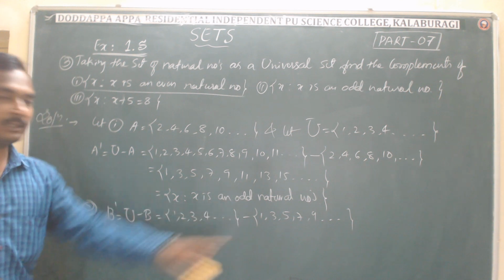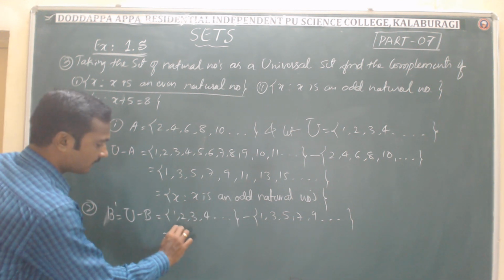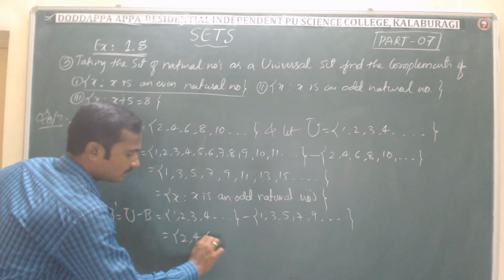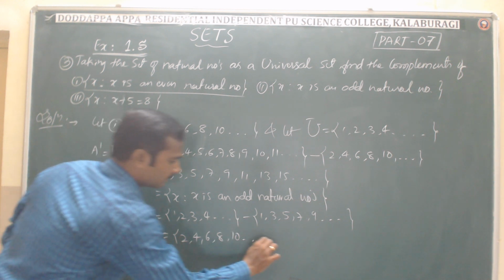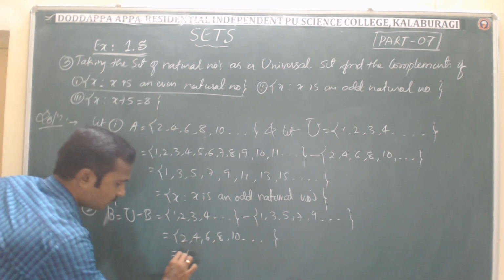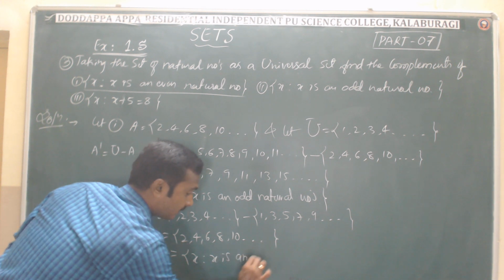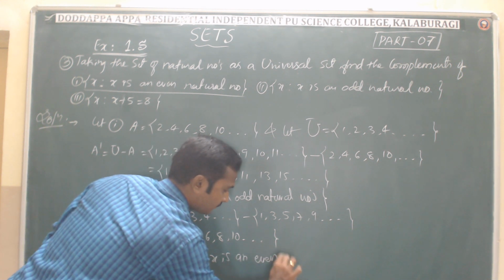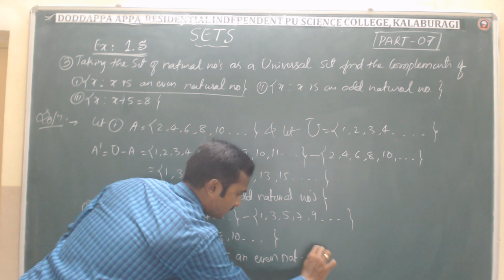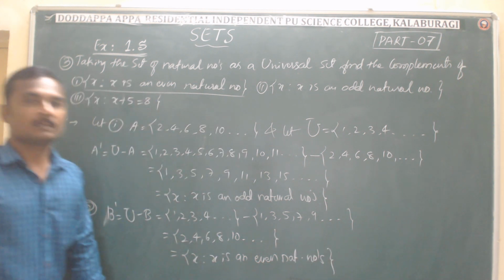Now, if you delete 1, 3, 5, 7, 9 from this set, what is left is 2, 4, 6, 8, 10 and so on. This is nothing but the set of all x such that x is an even natural number. That is your answer.